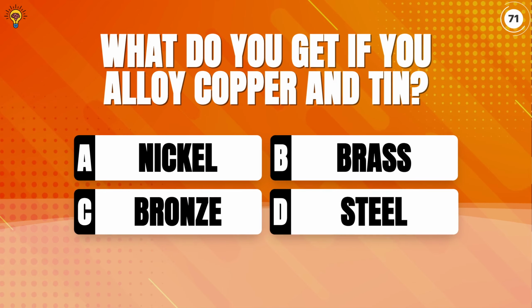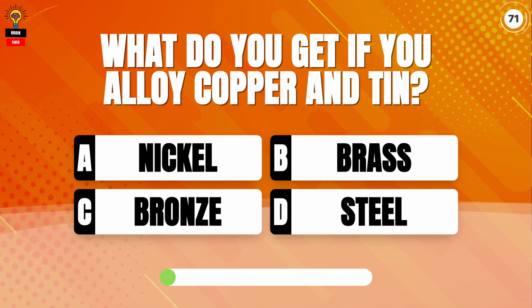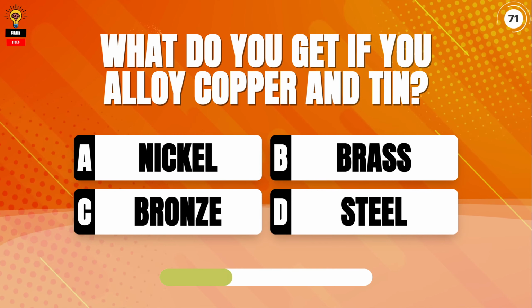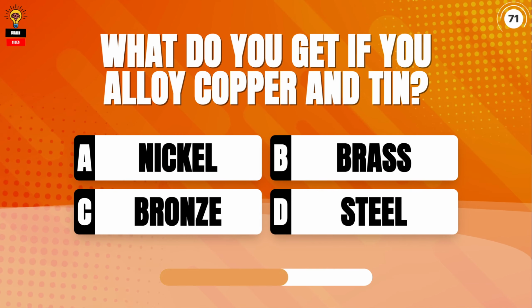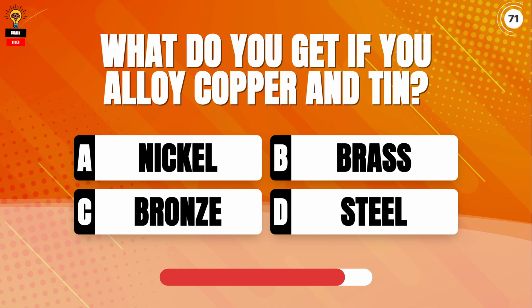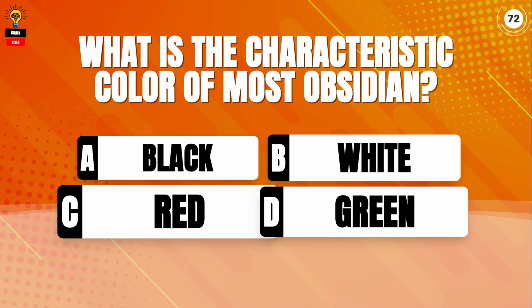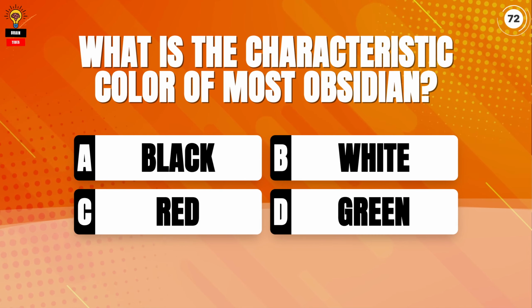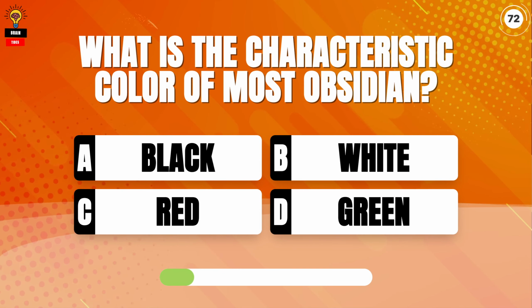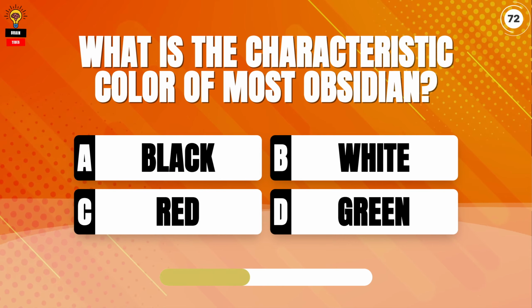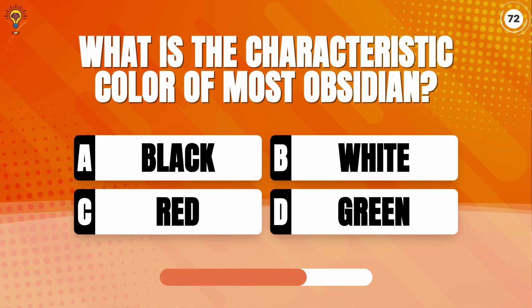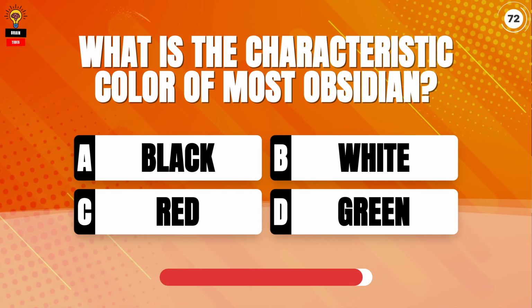What do you get if you alloy copper and tin? Bronze. What is the characteristic color of most obsidian? Black.